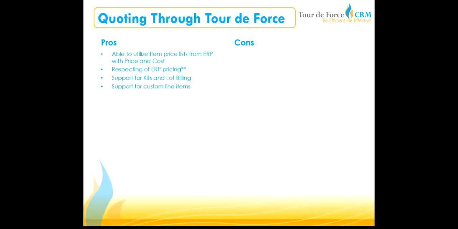We do have a very flexible interface that allows you to add line items and then quickly roll those up into a kit. So if you've got a bill of material that you're quoting to multiple contractors, for example, maybe some contractors, you want to give them unit pricing. They're very good customers of yours. You trust them. You want to give them unit pricing. Other contractors, you want to take that same bill of material, roll it up into a lot, and give them a lot price to include all the subsets.